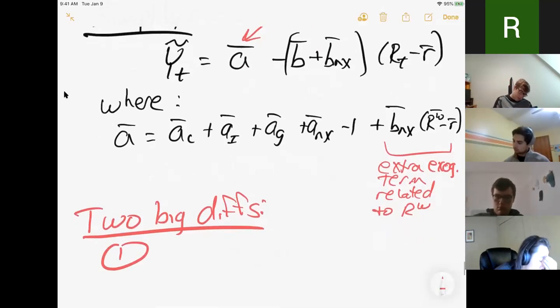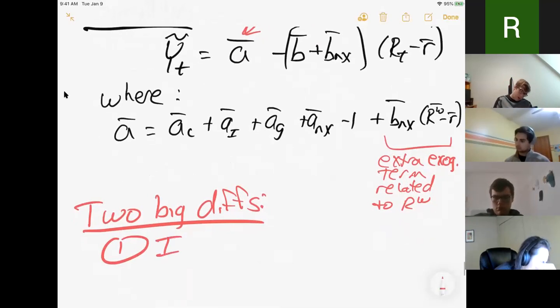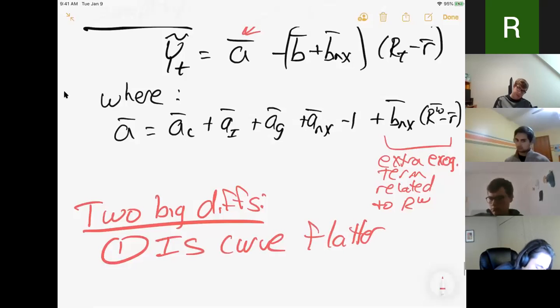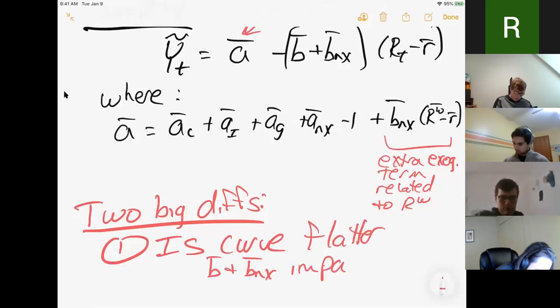The first is the IS curve is flatter. Because you have multiple effects now of a change in interest rate. This makes our IS curve flatter because now there's two things that impact the slope.